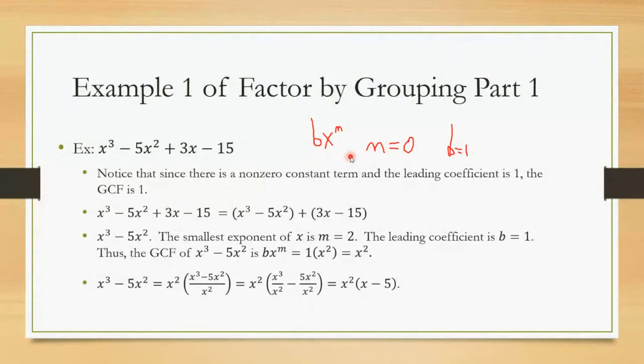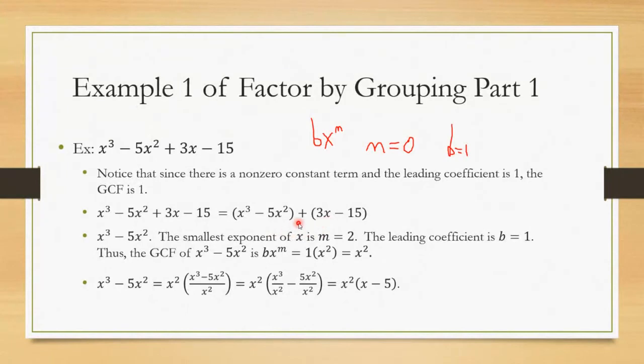I mean, x to the 0, again, is not really defined, but for now, it's okay. So here, what we're going to do now then is we're going to form 2 groups of 2, like so. So we use parentheses. The first 2 terms go in one group. The second 2 terms go in the next group, like so, as you can see.